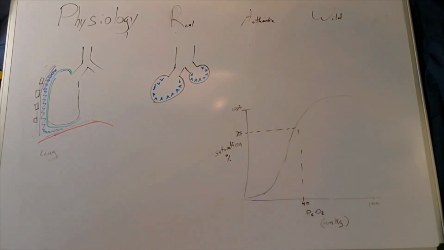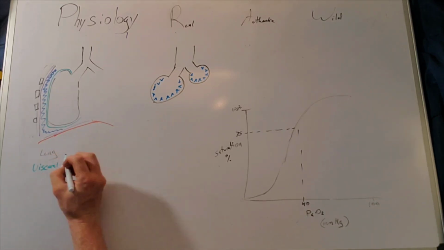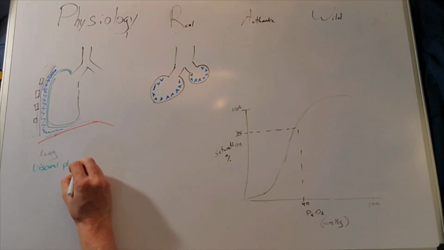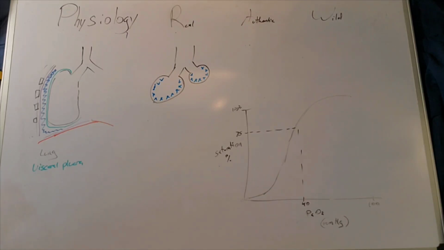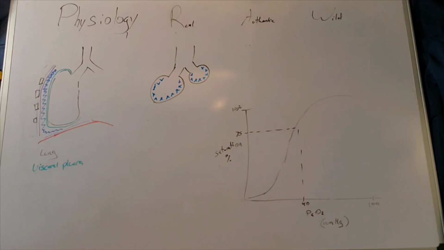The lung itself, the outside layer of the lung. The green is going to be the visceral pleura. The blue space in between, the color blue is representing something else, but actually, let me jump to purple. I'll talk about blue in a second.